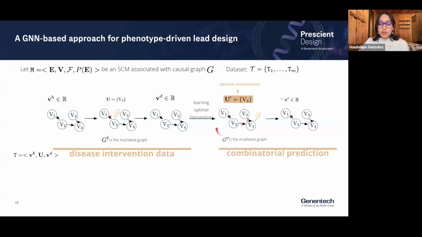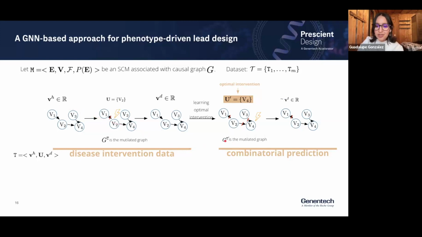So our goal here is to find this intervention set, U prime. So this would be the set of genes. It can be one or it can be multiple genes that a perturbagen has to target to achieve this treated gene expression state, P superindex C. And ideally, this treated state would be as close as possible to this initial healthy state.